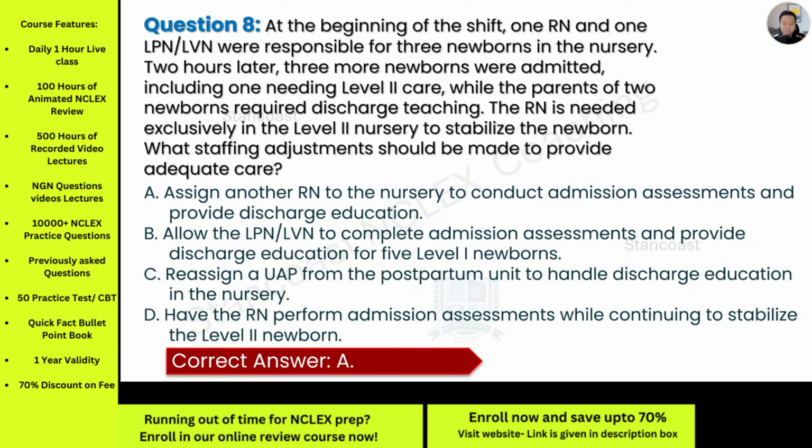So don't forget about focusing on the scope of practice and delegation principle. So eliminate those options that assign tasks beyond the capabilities of the LPNs, the LVNs, or the UAPs.